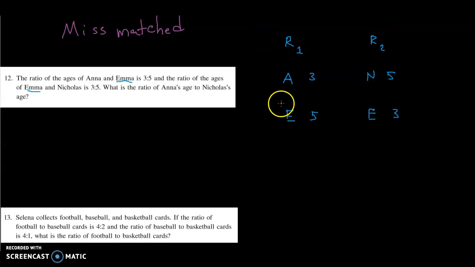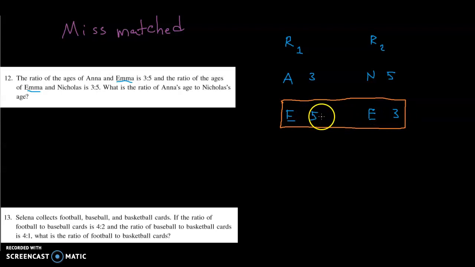Okay, so now, here's how we handle this. In order to make some sort of comparison of Anna and Nicholas, we need to make the matching ratio the same. The way we can do that is by finding the least common multiple of these two numbers and then multiplying. Looks like 5 and 3, the smallest number they both have in common would be 15.